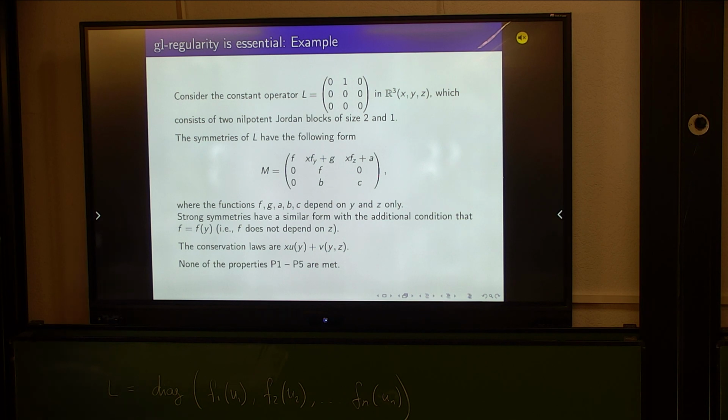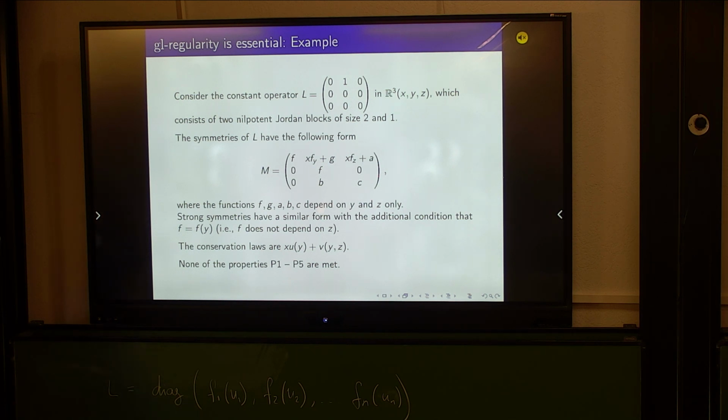Consider this Nijenhuis operator, very simple but not GL regular: there are two Jordan blocks, two eigenvectors with zero eigenvalue. You can easily describe all the symmetries. They are of this kind. You can describe all conservation laws. You can describe all strong symmetries, and you will see immediately that these nice properties I just mentioned fail. So GL regularity is important.